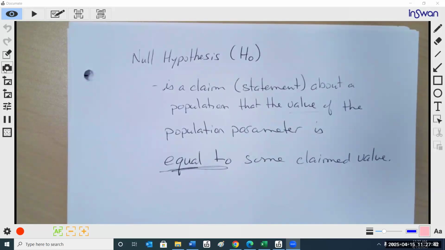There's using method XYZ will increase students' score. So what I have to say here, it'll make the grades higher than 70 or higher than 90.